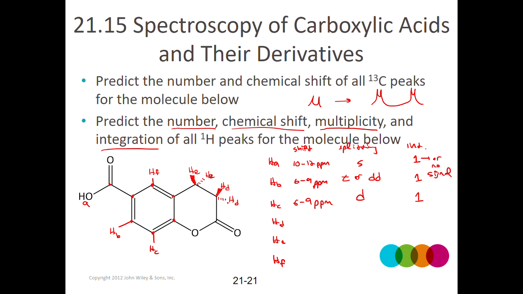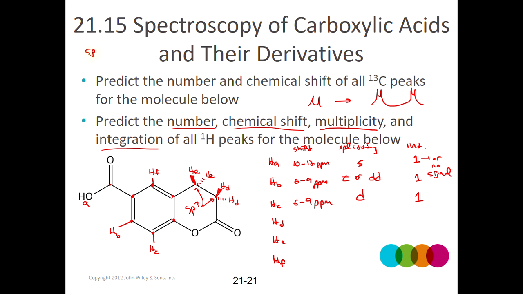D is on an sp3 hybridized carbon. Protons on sp3 hybridized carbons usually give signals below 5, somewhere between 0 and 5, depending on how close they are to something that's highly electronegative.